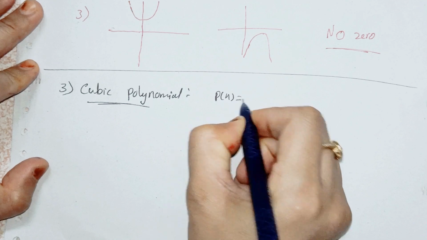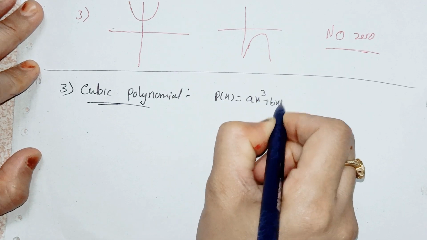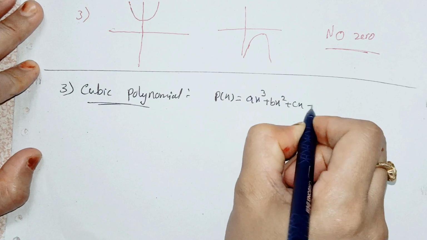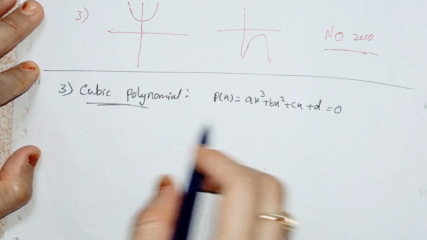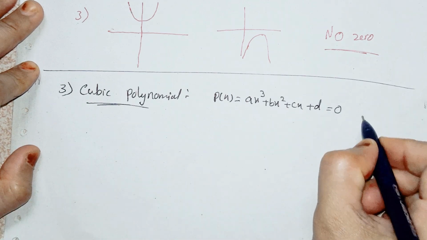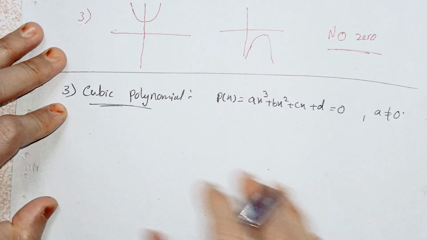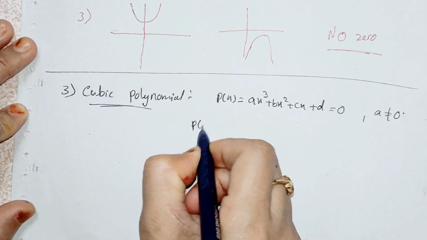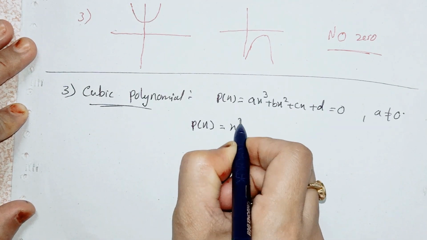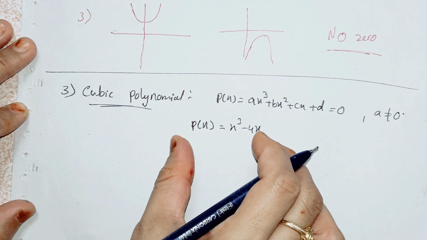P of x equal to ax cube plus bx square plus cx plus d equal to 0, where a is not equal to 0. Suppose here we are taking the example p of x equal to x cube minus 4x. This is our polynomial.